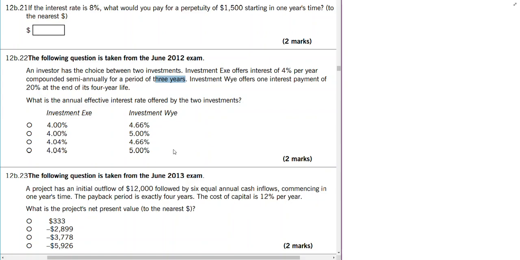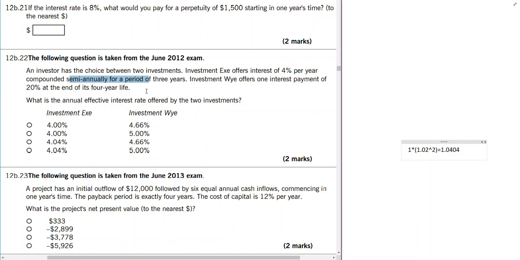So the easiest way to answer a question like this: we have 4% per annum. So this is simple. We have 1 multiplied by 1.04, and this is per annum, so every 6 months it would be 2%.